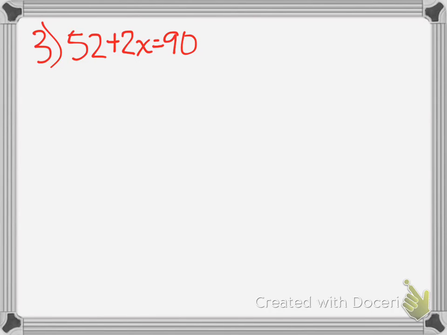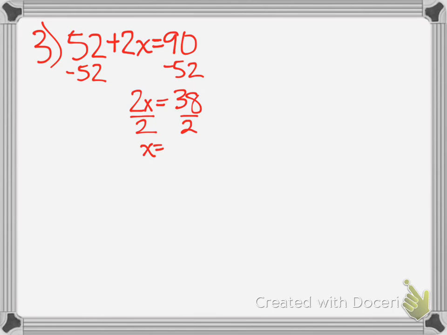All right, number two, we need to solve this equation, meaning we need to get x by itself. Jaden, what could we do? Good. Then what? I would agree. Divided by 38. So, 19. Perfect.